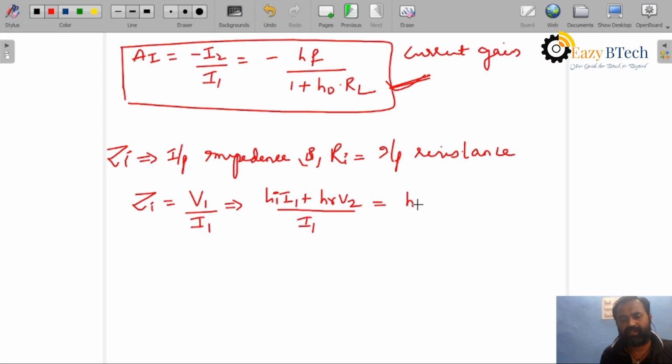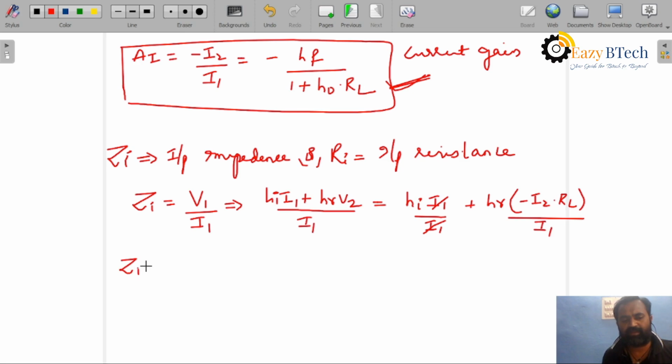Hi I1 by I1, the I1 cancels, plus Hr into V2, where V2 is minus I2 RL, by I1.